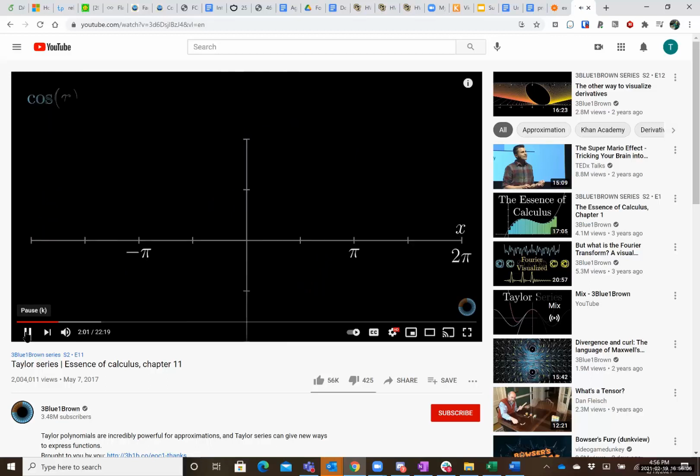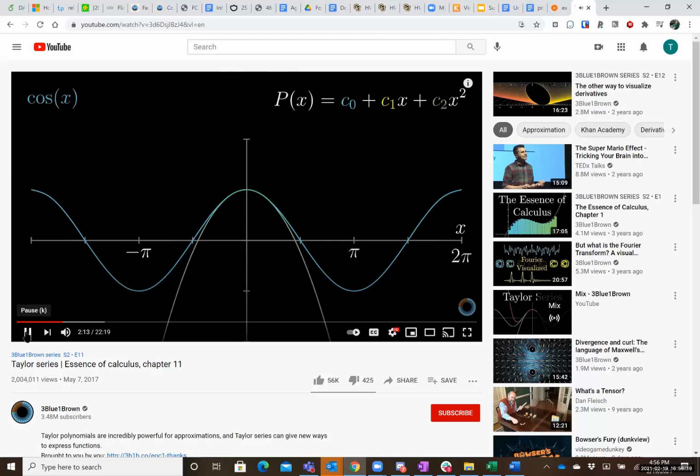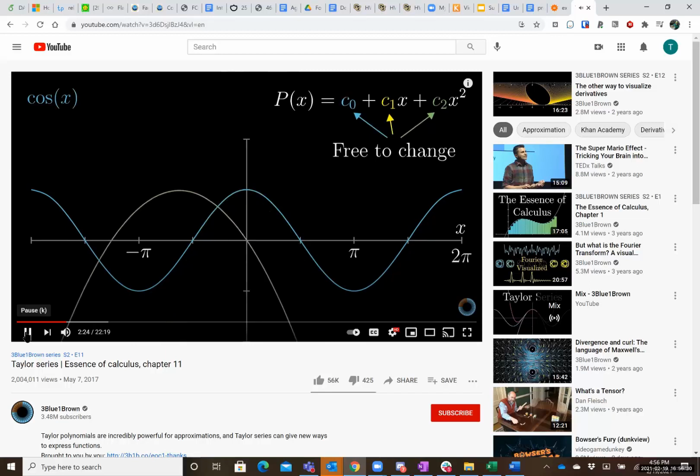So let's take a look at that function, cosine of x, and really take a moment to think about how you might construct a quadratic approximation near x equals 0. That is, among all of the possible polynomials that look like c0 plus c1 times x plus c2 times x squared for some choice of these constants, c0, c1, and c2, find the one that most resembles cosine of x near x equals 0. This graph kind of spoons with the graph of cosine x at that point.